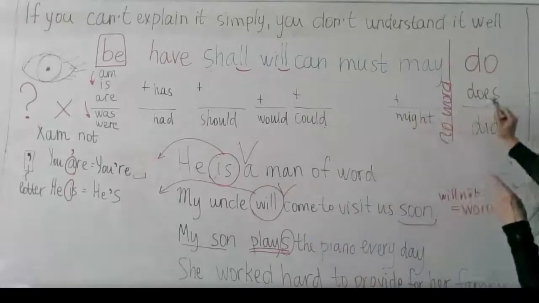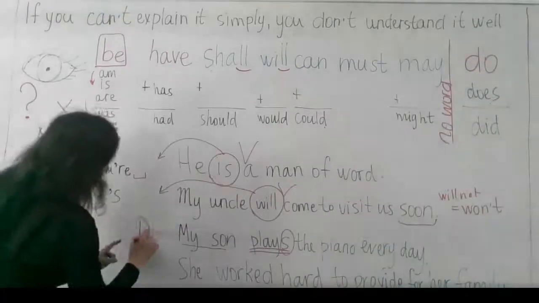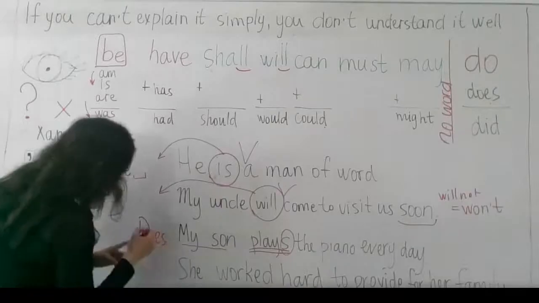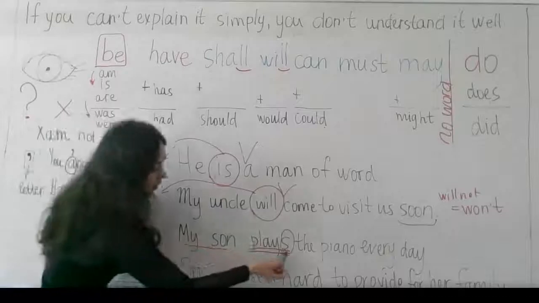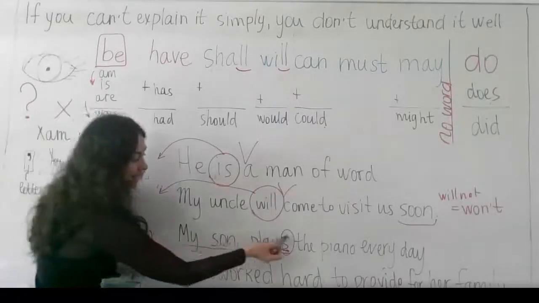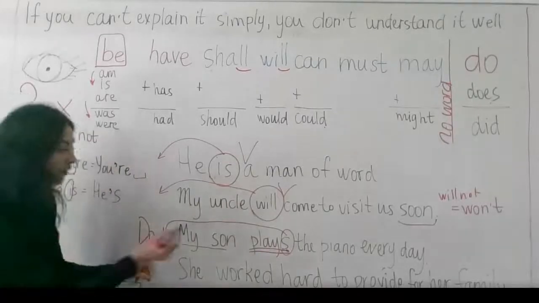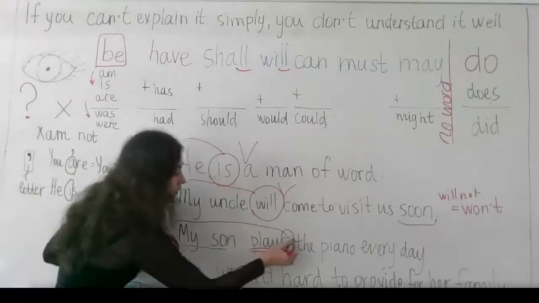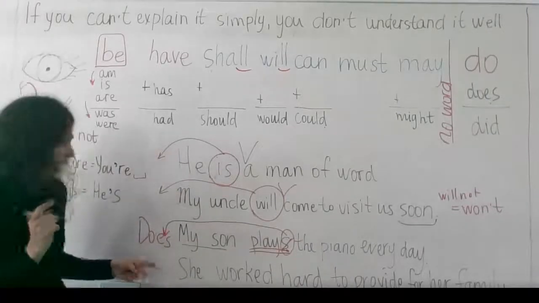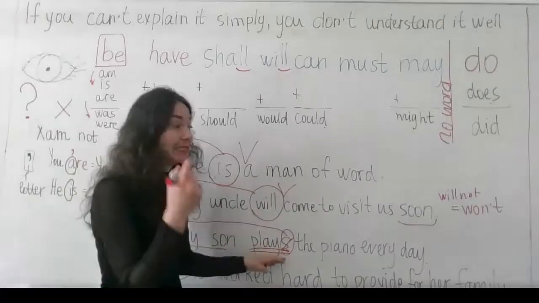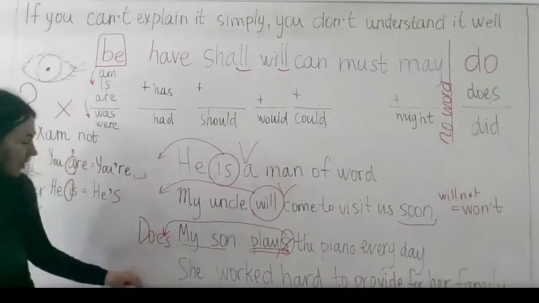It shows you that you have to use does. That's very good. So I write here does, but first, I'll write do and show you something. Look, here we have does, and this s, think of it like it moves to this do. So if you write does, this s disappears. Very often students make this mistake. Does my son play, not plays, the piano every day? Yes, he does. No, he doesn't.